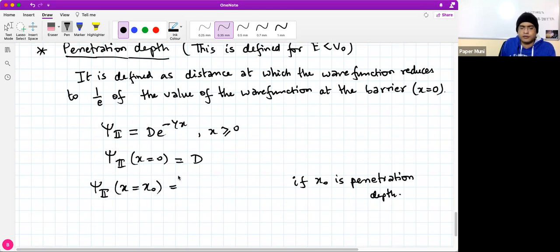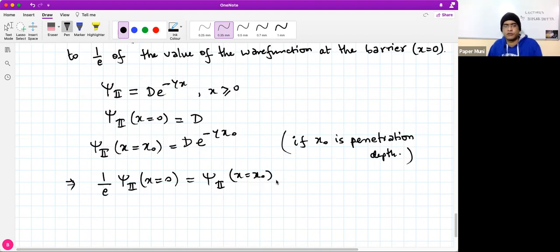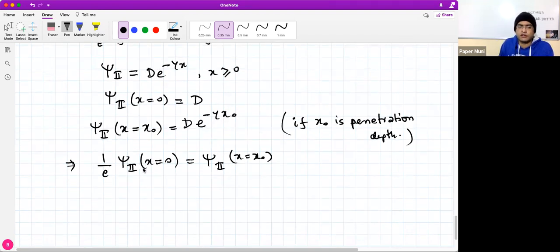Now in this case, from the definition we can write that 1 by e of psi2 at x equal to 0 is equal to psi2 at x equal to x naught, the penetration depth. It becomes 1 by e of the wave function value at x equal to 0. So what is the value of x naught?